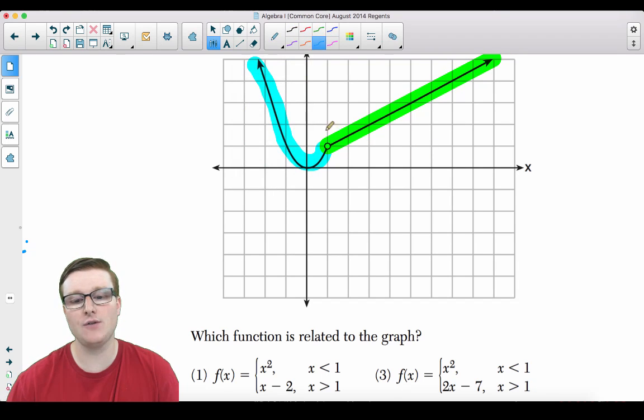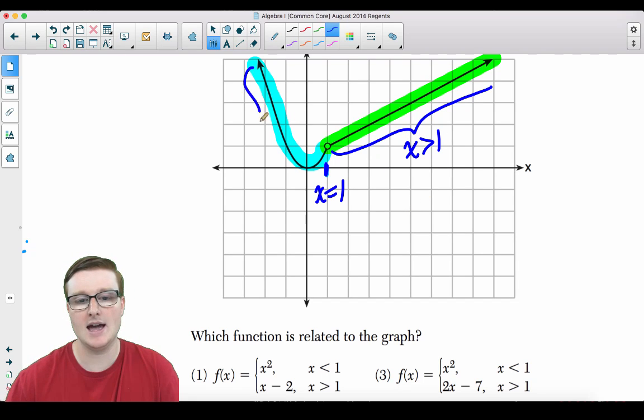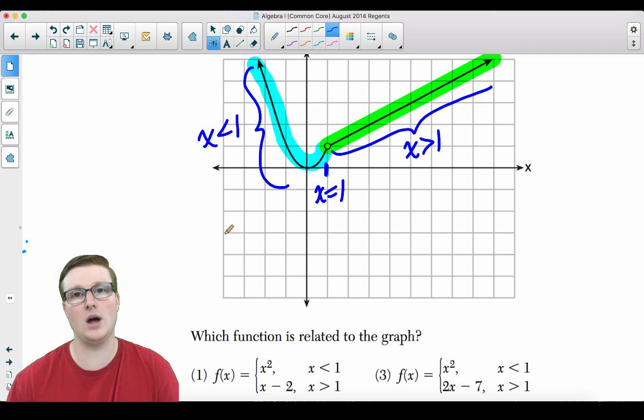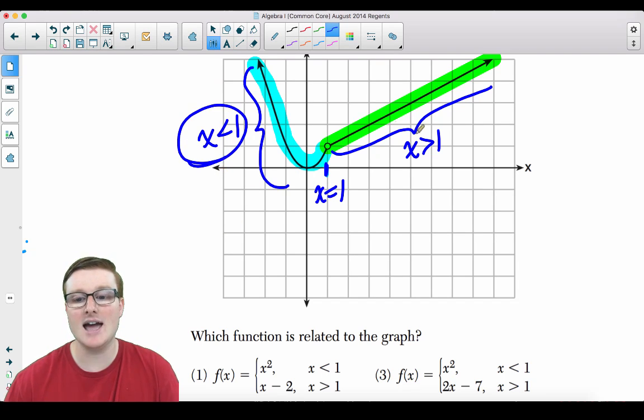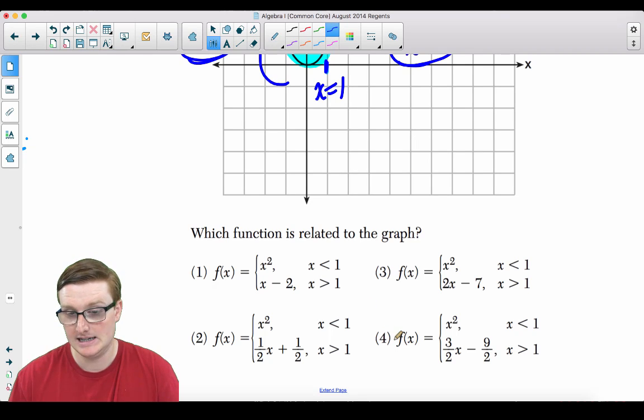So you're looking for this value right here. This value is x is equal to 1. So you need to know that this is x is greater than 1, and that this is x is less than 1. So your quadratic function must be x is less than 1, and your linear function must be x is greater than 1.